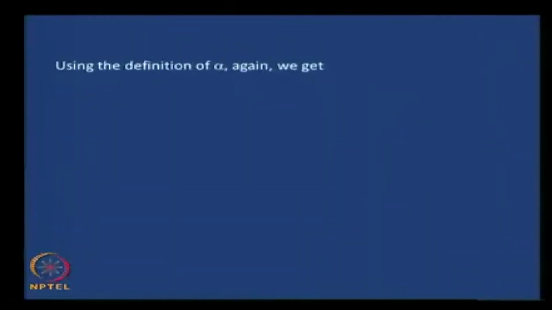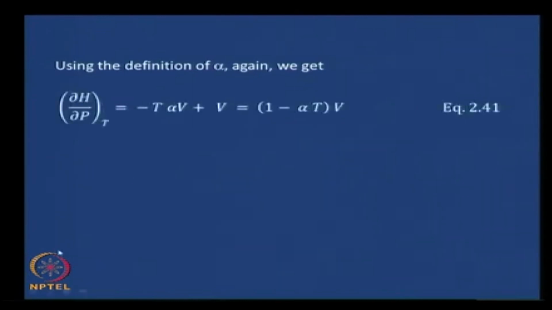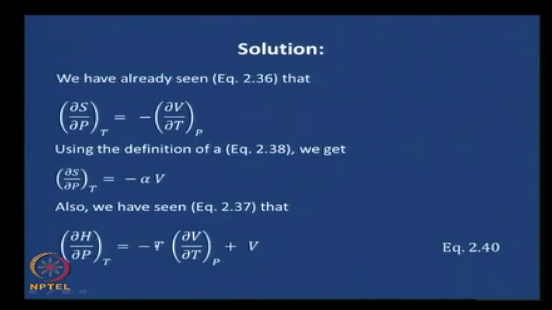Okay, let us look at the remainder of the solution. Using the definition of alpha again, 1/V ∂V/∂T at constant P, we can write the ∂H/∂P at constant T in the previous equation as minus T alpha V plus V. You can see this here.